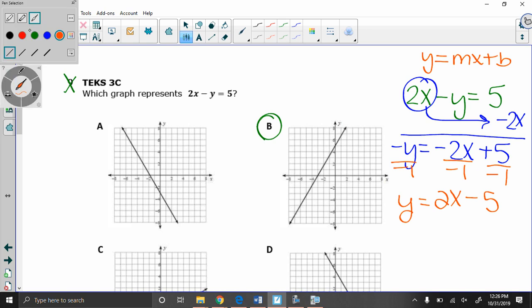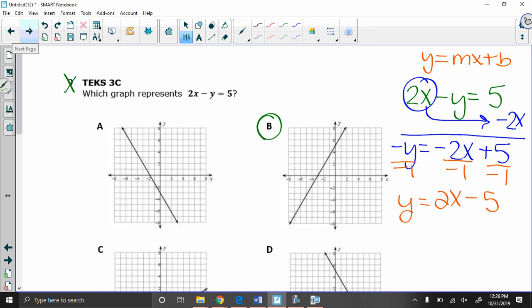Okay, so if I'm trying to figure out which graph matches, I need to take out my slope and my y-intercept. This just is to help us figure out which graph needs to match. So my slope that we solved for is 2, and my y-intercept is -5.